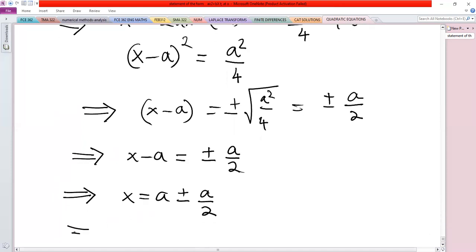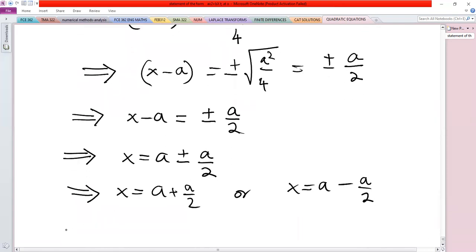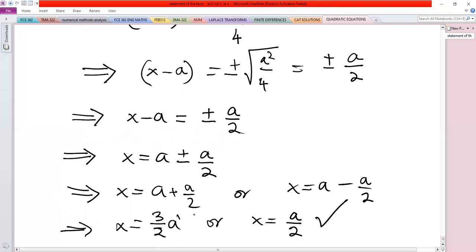Now you write this as x equals a plus a over 2, or x equals a minus a over 2. So which simply means x equals 3 over 2a, or x equals a over 2. So these are the solutions.